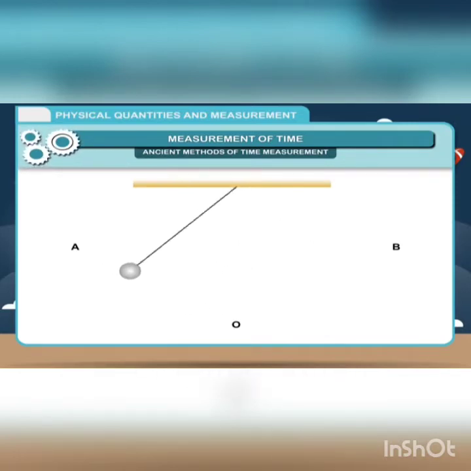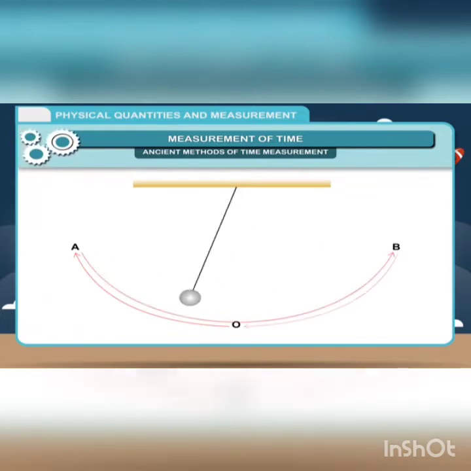In the figure, initially the pendulum is in mean position O. A and B are its extreme positions. One oscillation constitutes the movement of the bob from O to A and A to B and back to O. The time taken by the bob to complete one oscillation is called its time period.